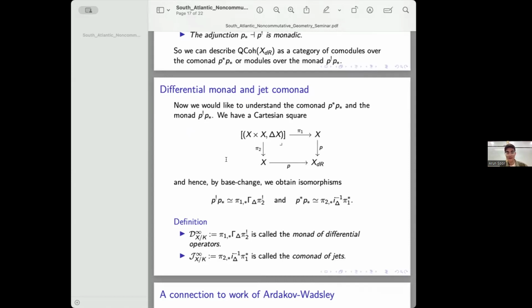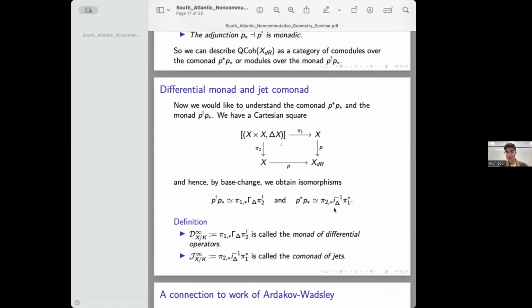Base change tells us that if I do p upper shriek p lower star, that is the same as doing push-pull the other way around, right? And if you remember what our push-pull functors were for the category of germs, then that is the same as doing upper shriek along pi 2, then you take local cohomology along the diagonal, and then you push forward along pi 1, right?